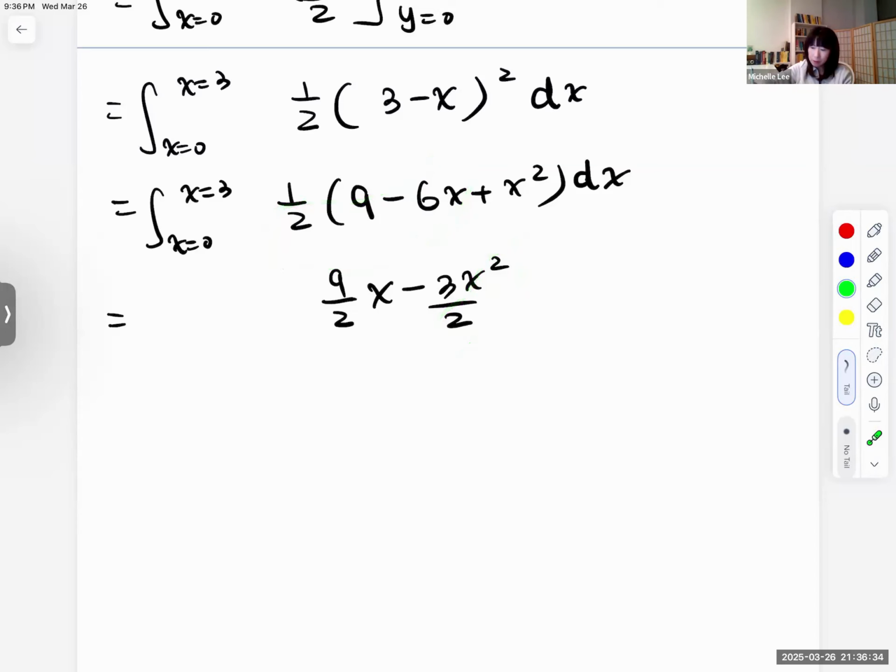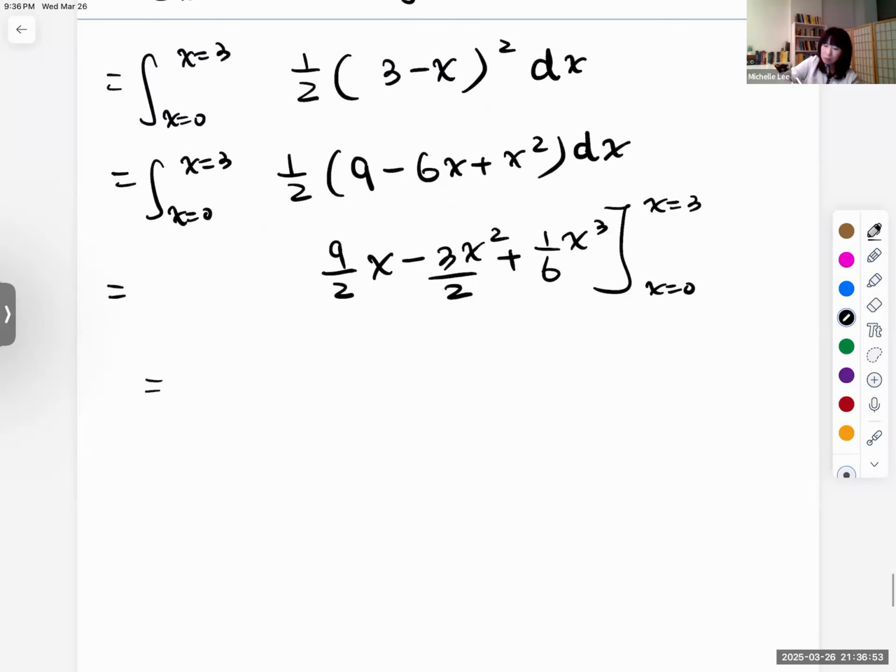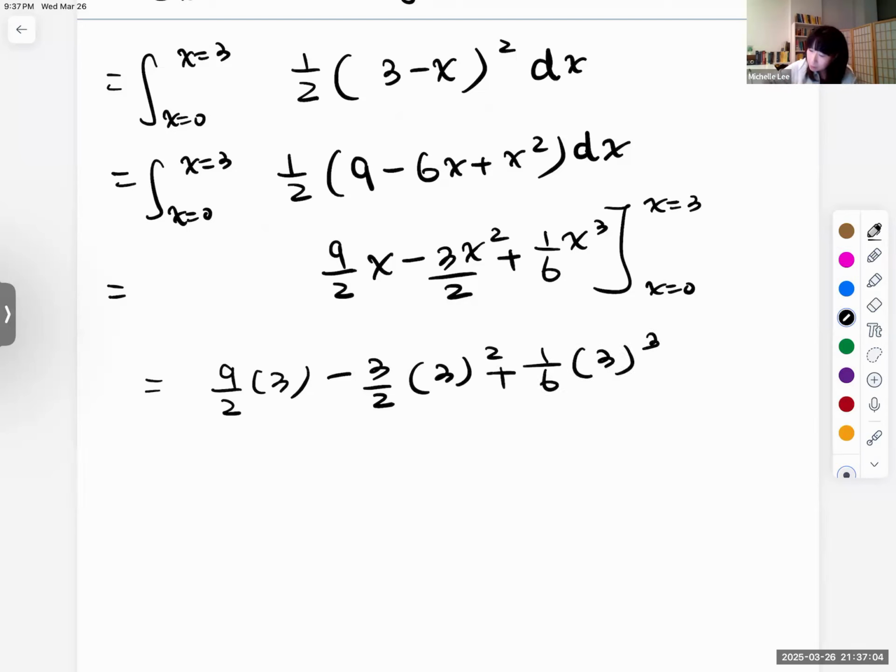Make sense? Plus x to the third power, and then 1/2 times 1/3, which is 1/6. And then we want to evaluate from x equal to 0 to 3. Almost done. 9/2 times 3 minus 3/2 times 3 squared plus 1/6 times 3 to the third power. Okay, let's calculate.